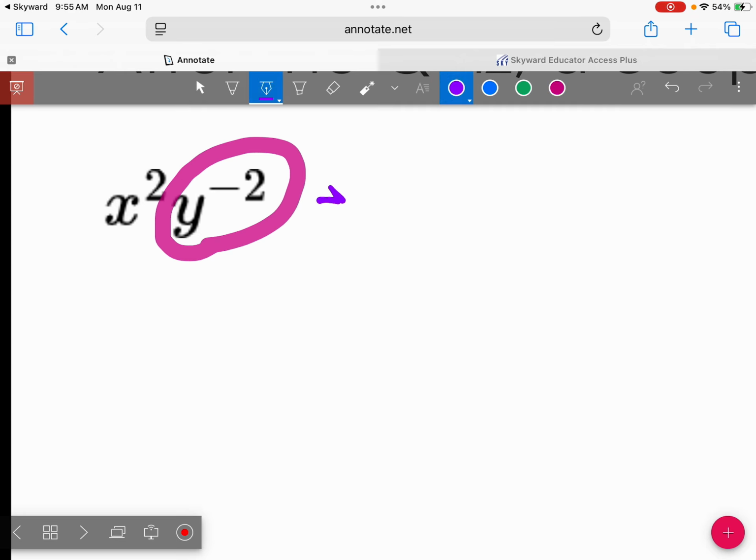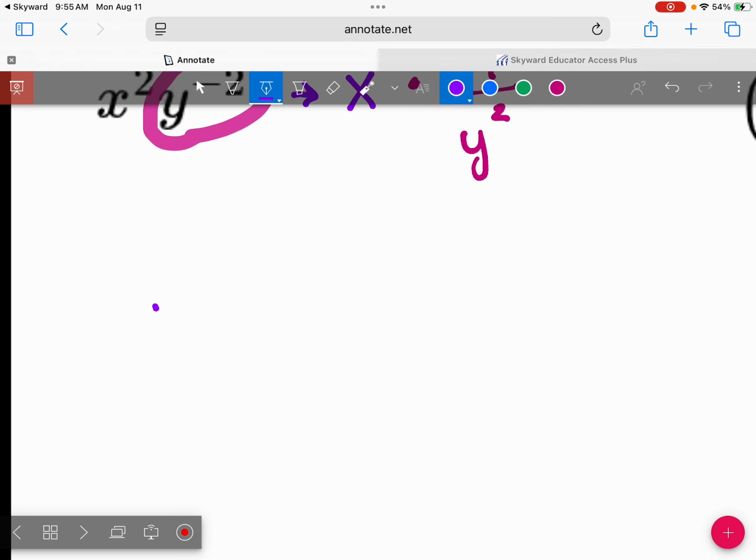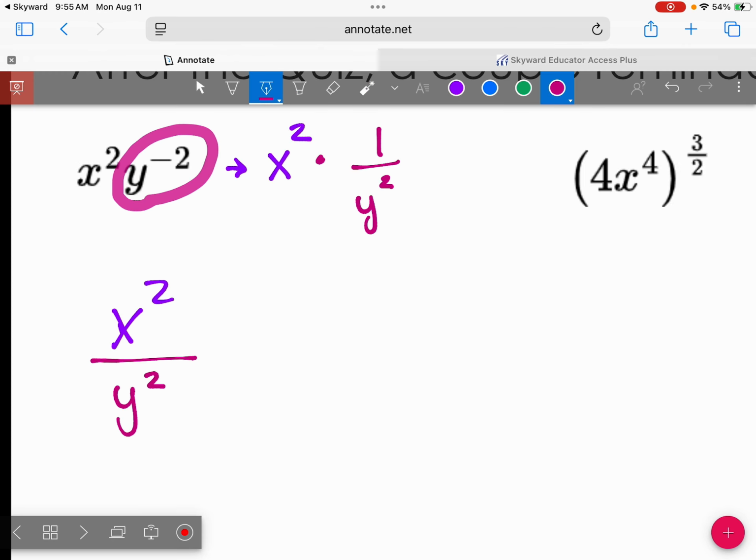This is the same thing as if I wrote x squared times 1 over y squared. It does not change where the x is. The x is still a positive exponent. So this is the exact same thing as if I had x squared over y squared. The negative exponent doesn't take everybody nearby. It just takes the guy with the negative.